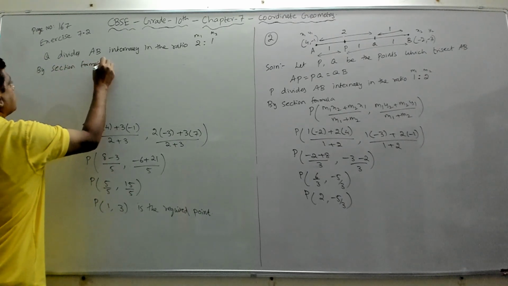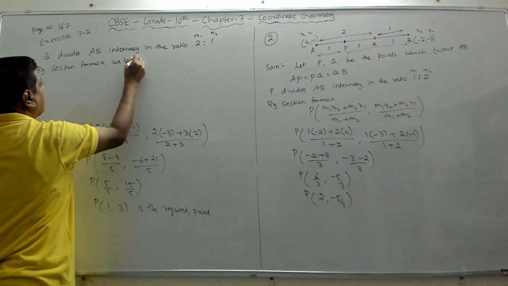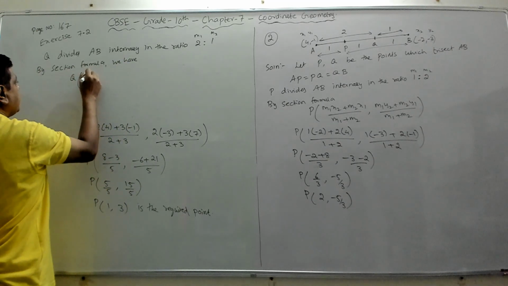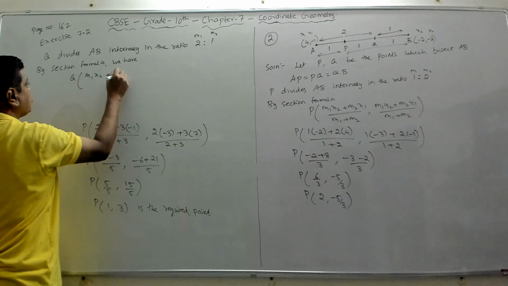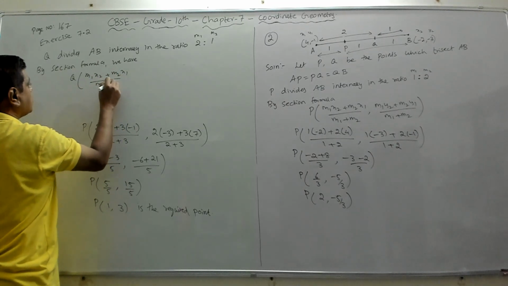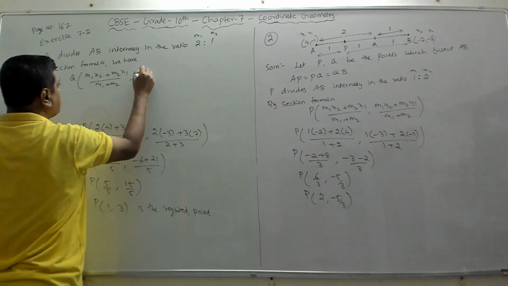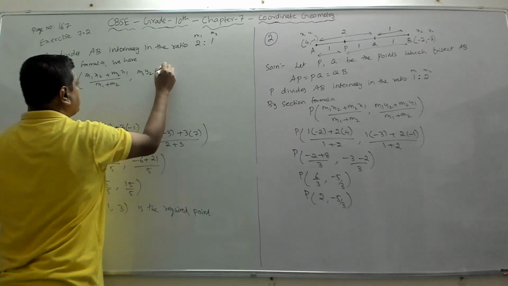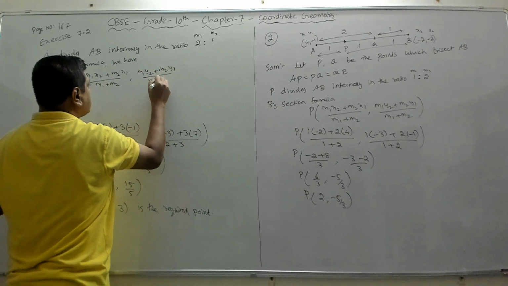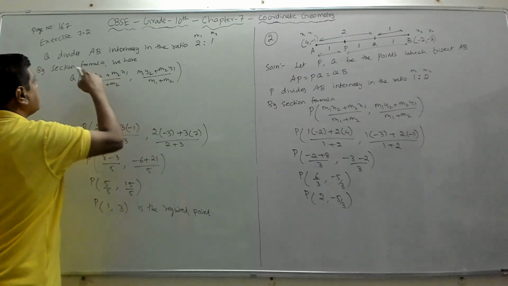our point Q is given by M1x2 plus M2x1 by M1 plus M2, comma, M1y2 plus M2y1 by M1 plus M2. This is our section formula, where we'll substitute all these values.